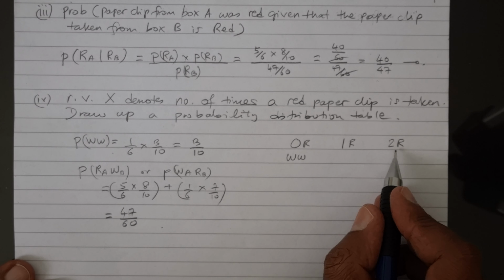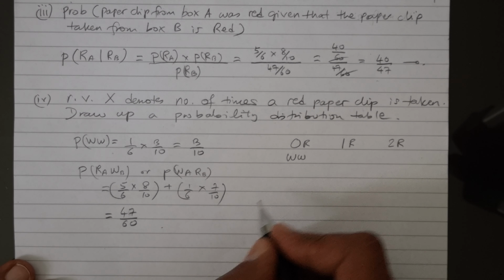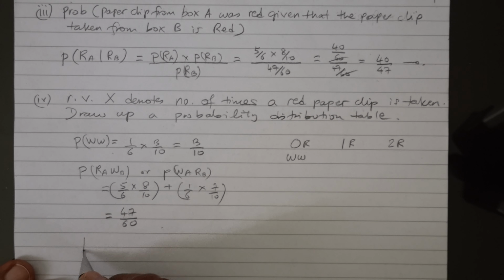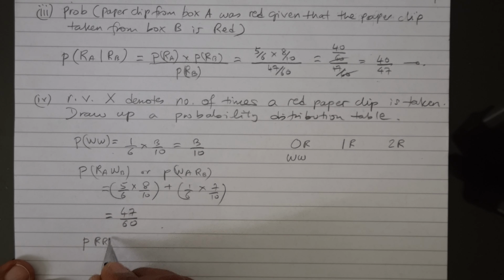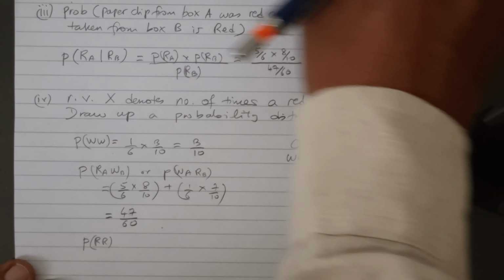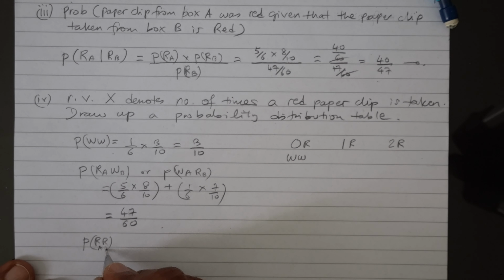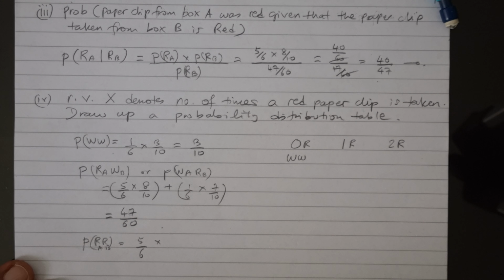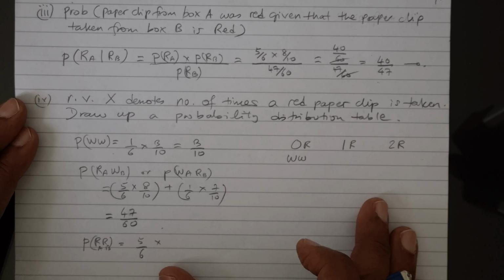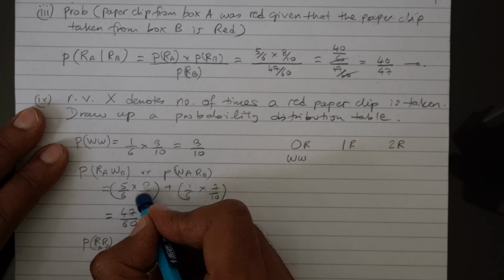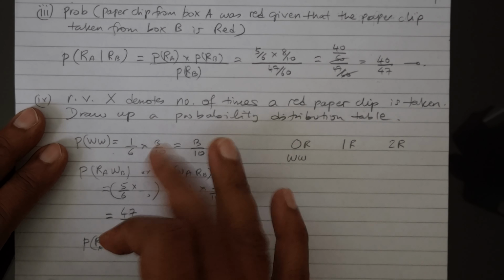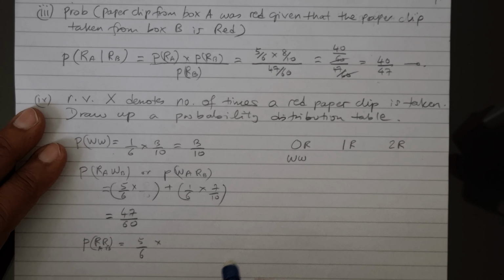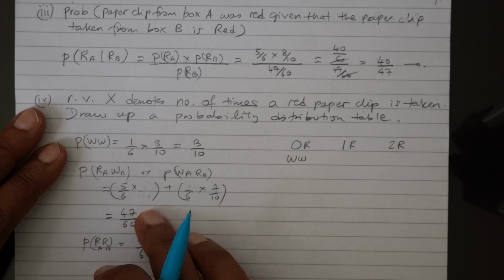Now we want 2 red paper clips. So that's R and R, 1 from A and 1 from B. And from A we have 5/6. And from B we've got, sorry, a slight mistake was made here. That shouldn't have been 8/10, because we're looking for 1 white, 1 red.